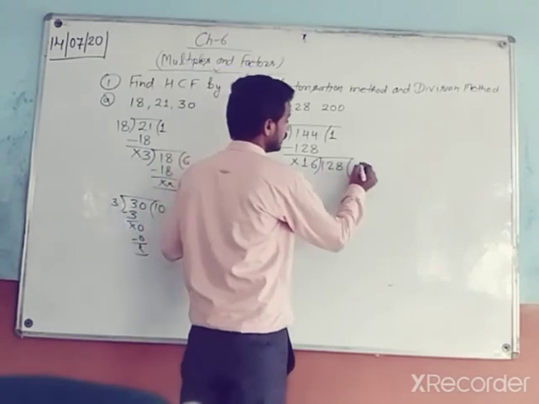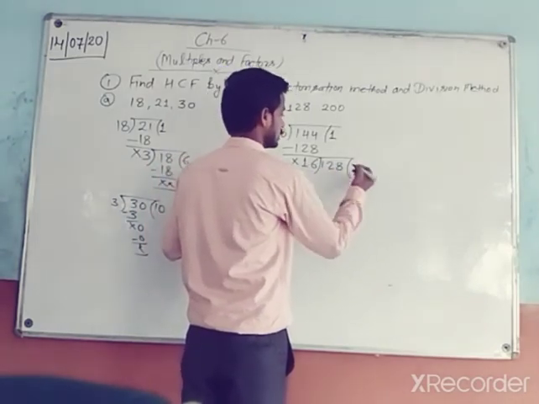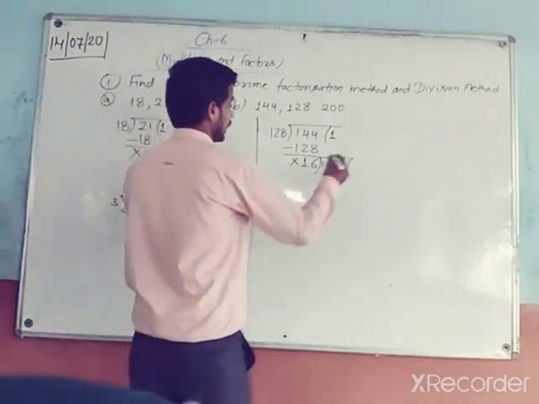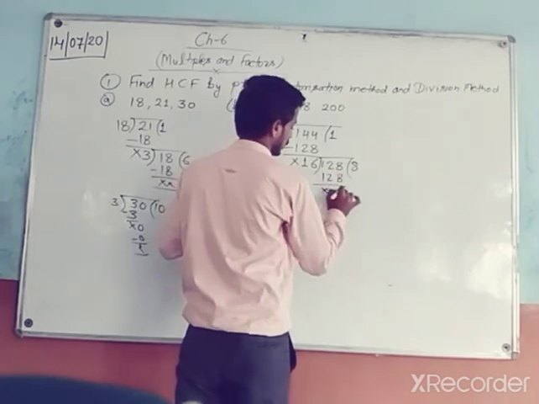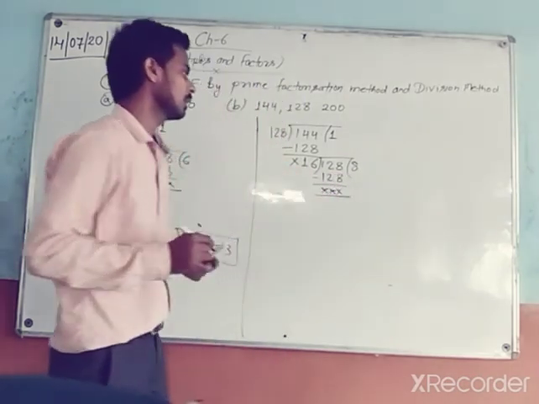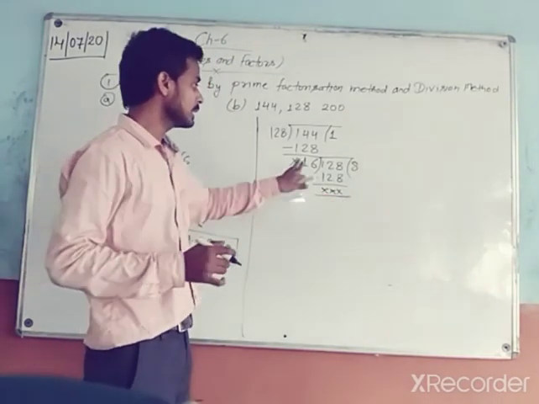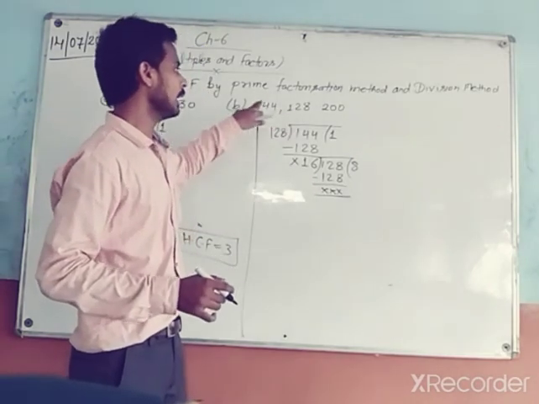Now 16 5s are 80. Now 16 8s are 128. Okay. Now we have 0 as remainder. It means 16 is the SCF of 128 and 144.